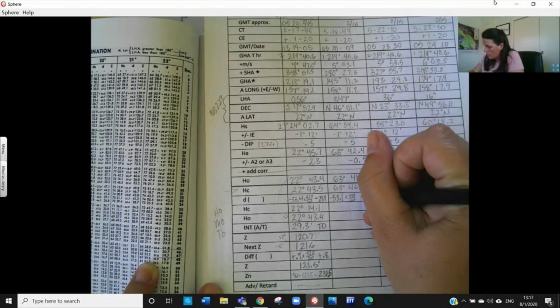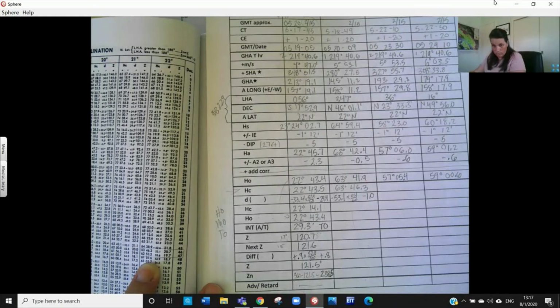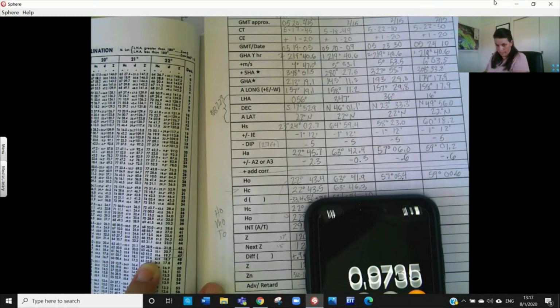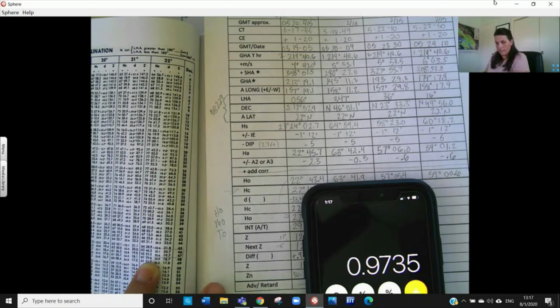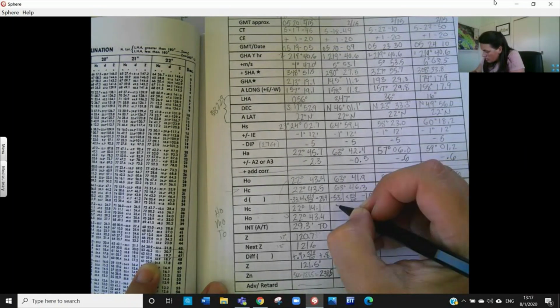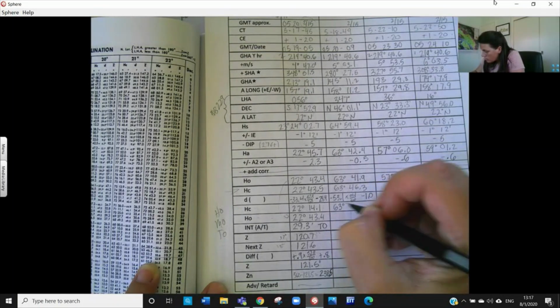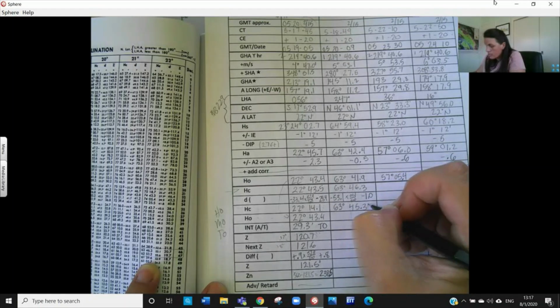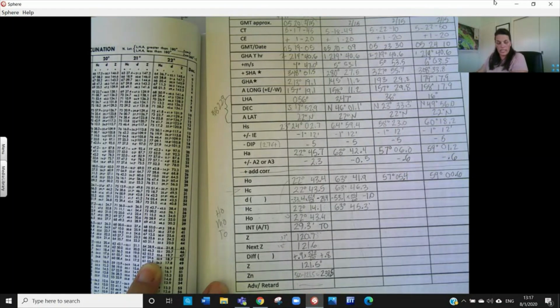So I'm going to be minusing 1.0. I rounded that from that number right there. So I have an HC of 63 degrees, 45.3 minutes. That is my HC.